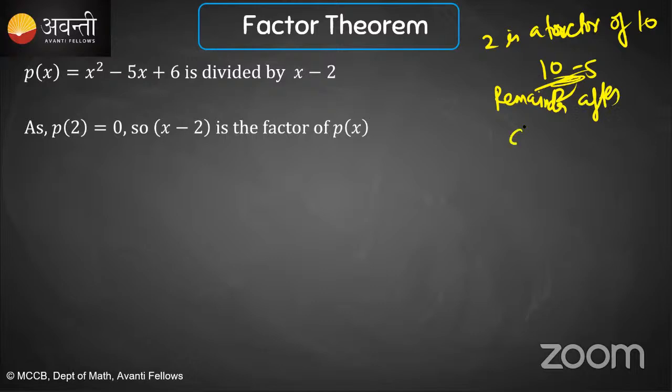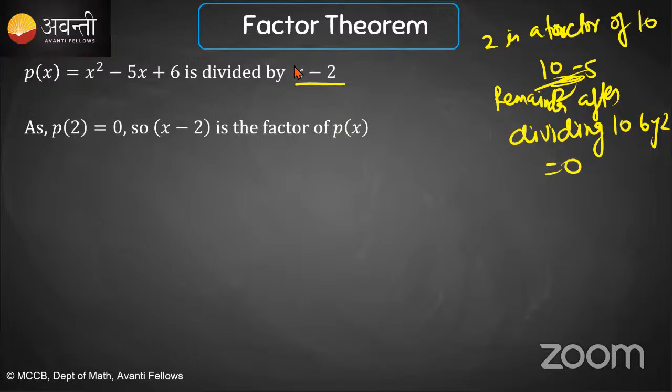after dividing 10 by 2 is 0. Then only can 2 become a factor. So if I say x square minus 5x plus 6 is a factor of, students, everyone please pay attention here.